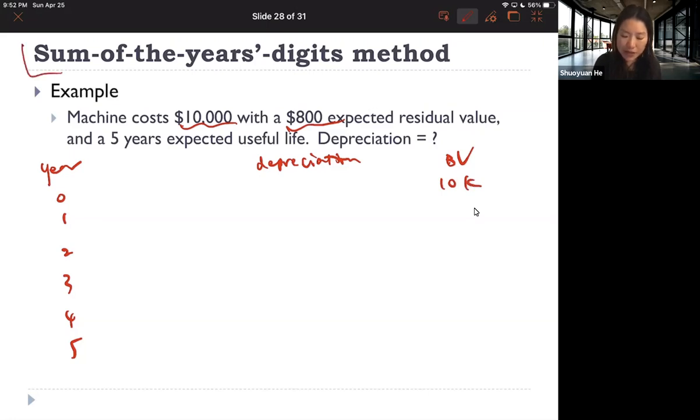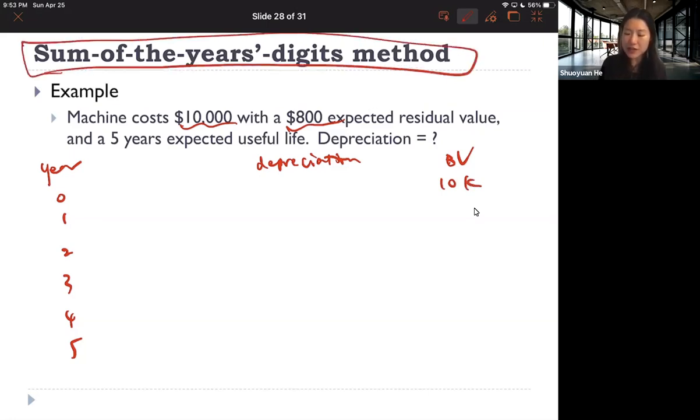And this method is called the sum of the years digits method. What do we mean by sum of the years digits? Basically, we have 5 years, right? So we just do the sum of the years digits, 1 plus 2 plus 3 plus 4 plus 5. How much is it? That's 15.